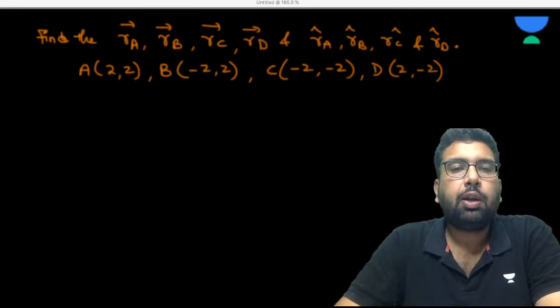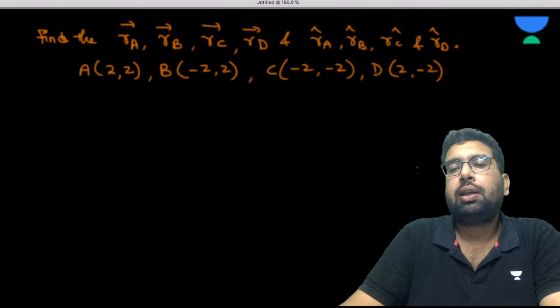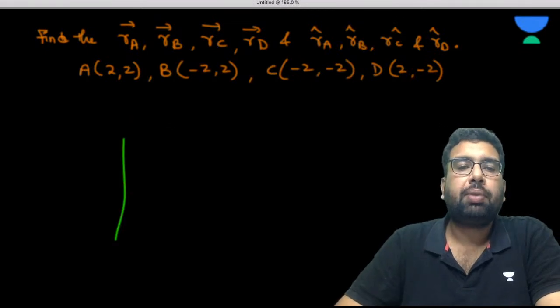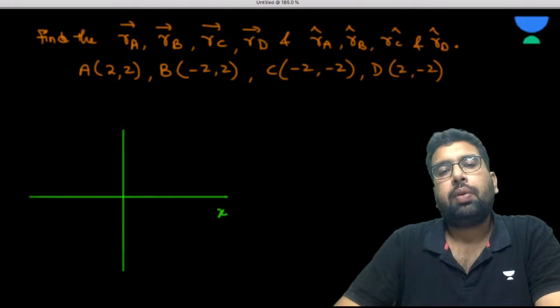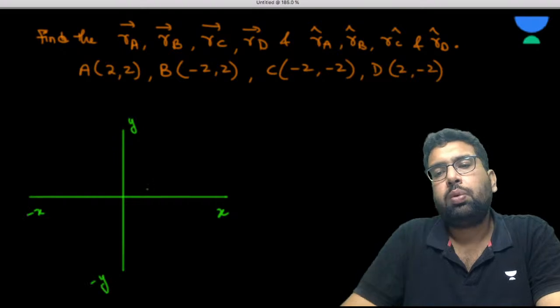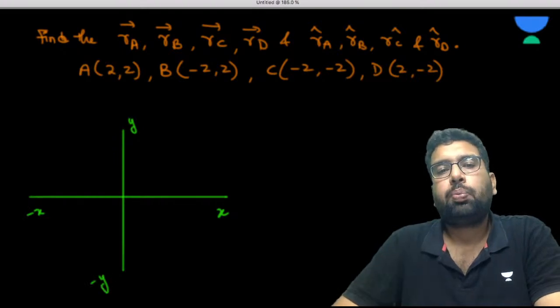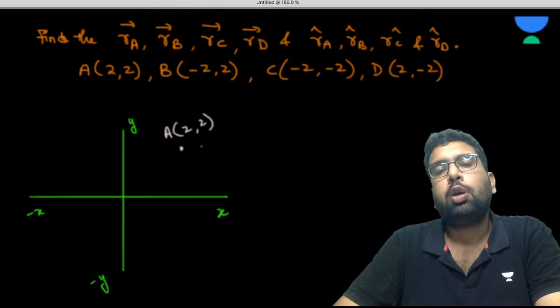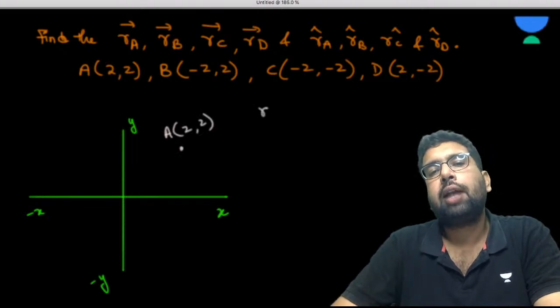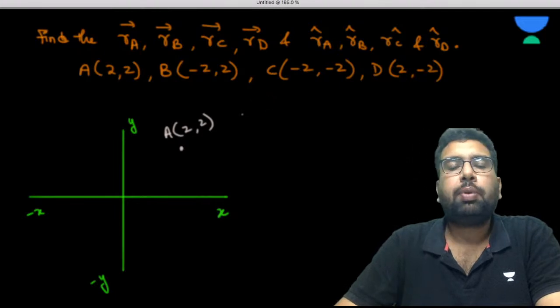So let me do it. Now we have A, B, C, and D. If I make them on the coordinate axes, we can write x, y, minus x, minus y. So we know how to locate these points. A is here, 2 cross 2. First let me locate all these points.